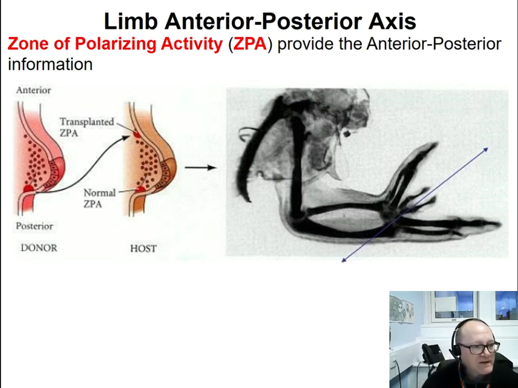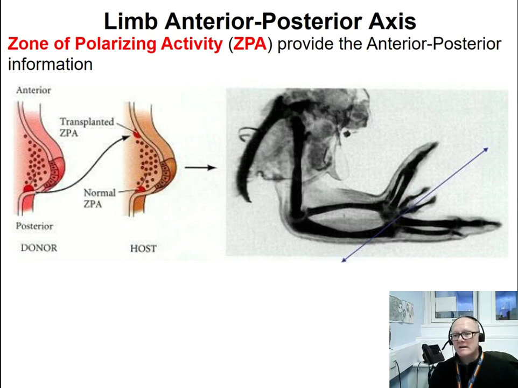In this transplant experiment, the zone of polarizing activity, this region of the progress zone, is transferred from a donor to a host, so from one animal to another. One of the first experiments was done in chicken. They transferred this region from one chicken embryo to another. But instead of transferring it into the normal position, the transplant was put on the opposite side of the progress zone, so in an anterior position instead of the posterior position.